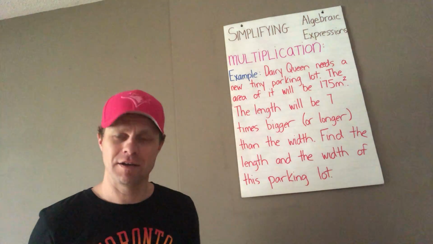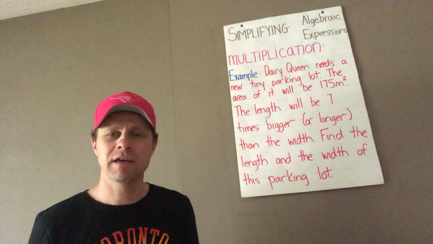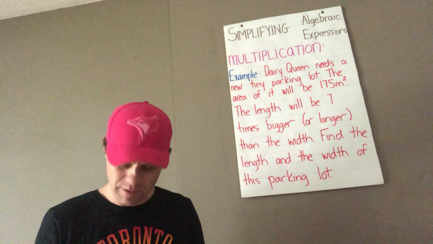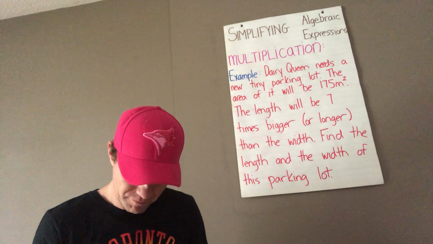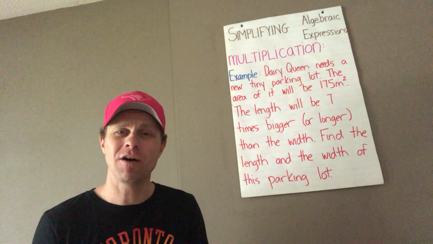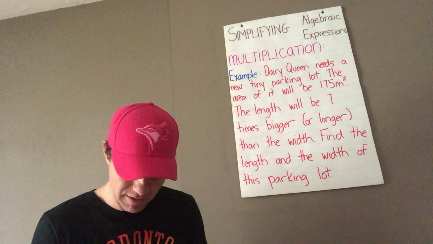So the length of our parking lot is 35 meters, and the width is 5 meters. And when we have a word problem, we always solve it and end it with a therefore statement.